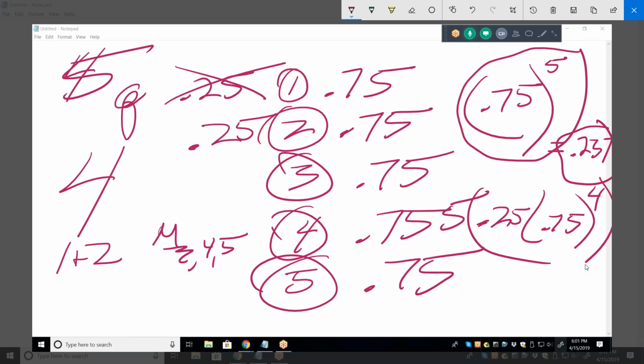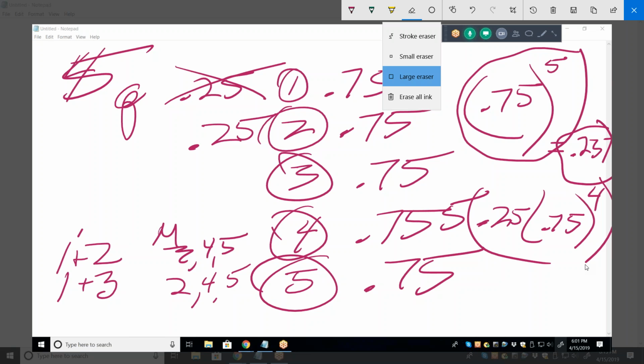But it could also be 1 and 3, where I miss 2, 4, and 5. Each one of them is the same percentage. So to answer this question all we have to do is find out how many combinations there are. I know what the odds of getting precisely question 1 and question 2 is. It's 0.25 times 0.25 times 0.75 cubed.